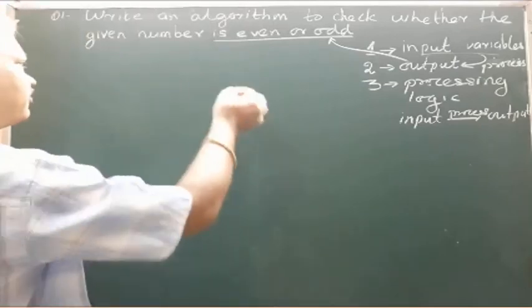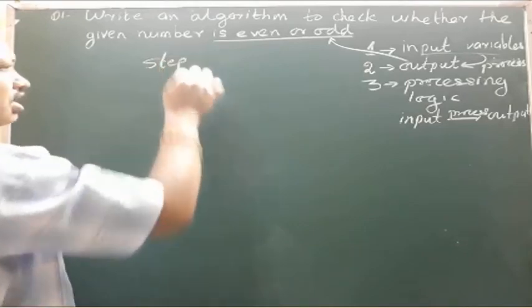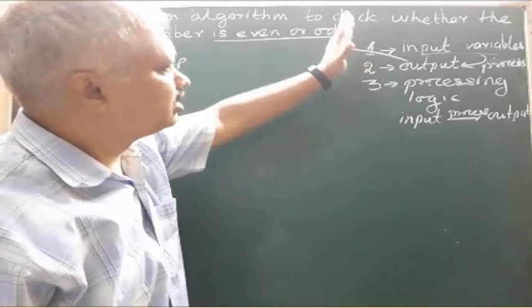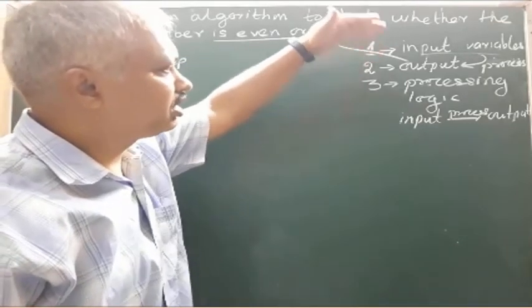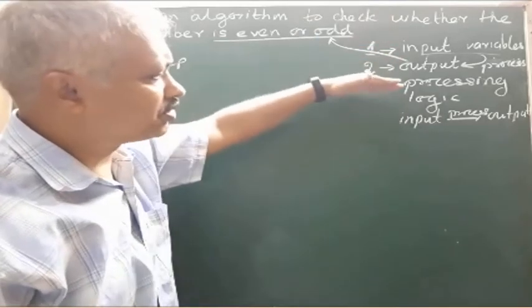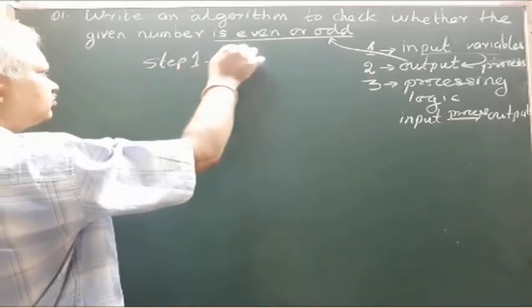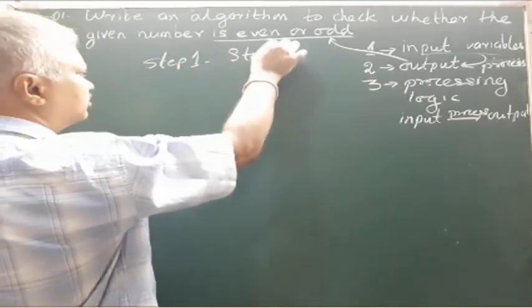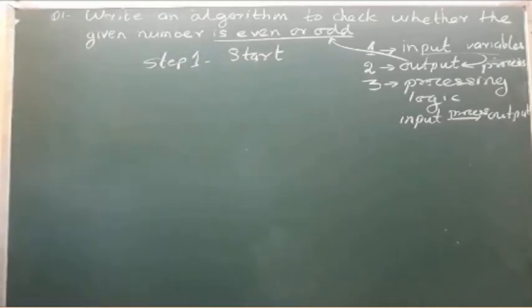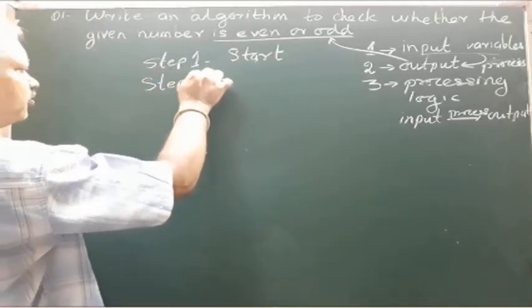So for this we will first write the algorithm. Since I have in my mind the input variables, the output to display, and the processing logic, step 1: start. Step 2: here I am going to take the input.